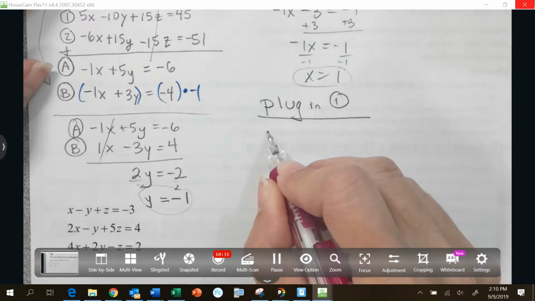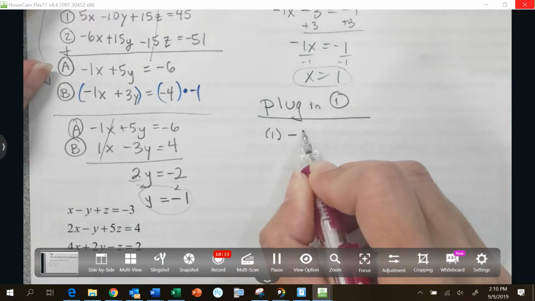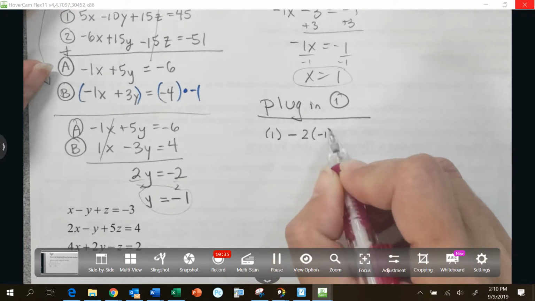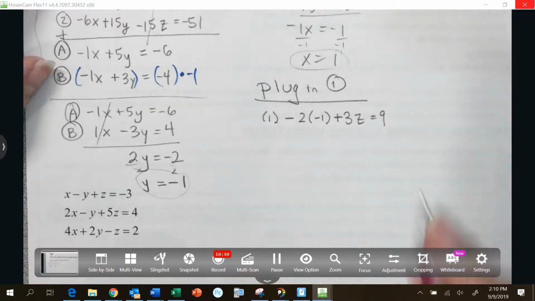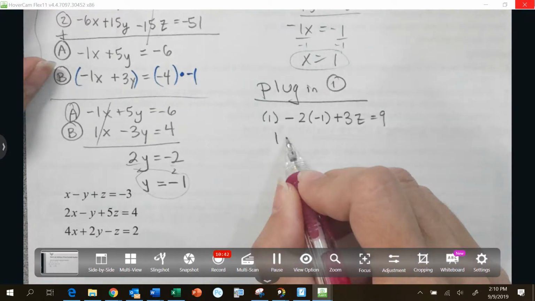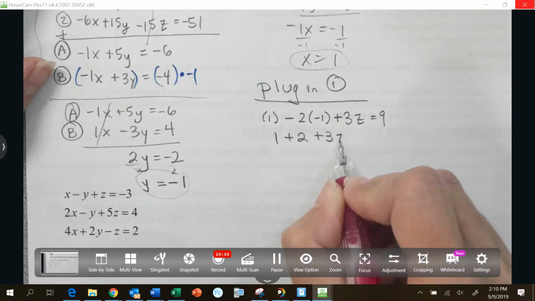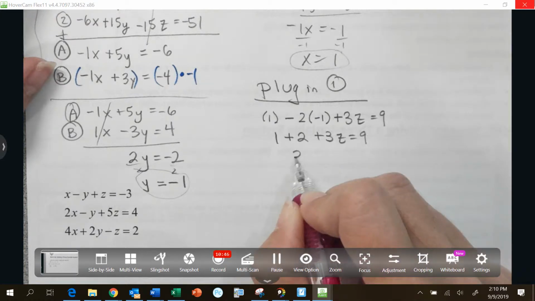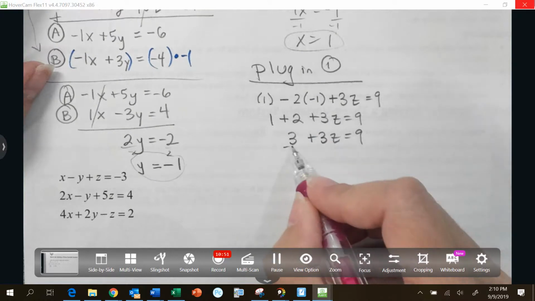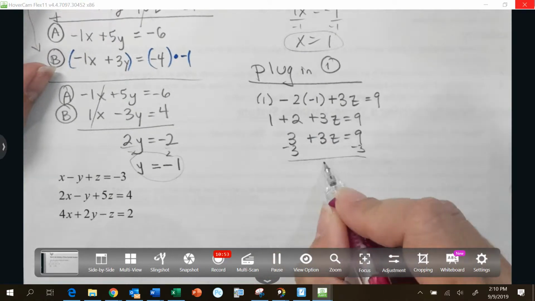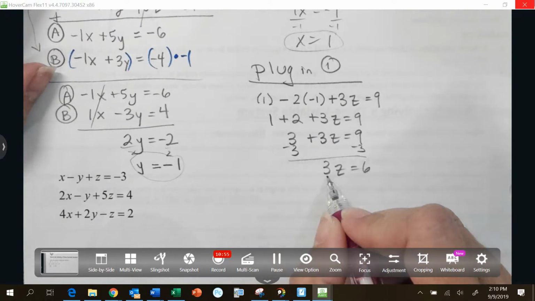So x is 1 minus 2 times y is negative 1 plus 3z equals 9. So I get 1 plus 2 plus 3z equals 9. 3 plus 3z equals 9. Subtract 3. 3z equals 6. Divide by 3.